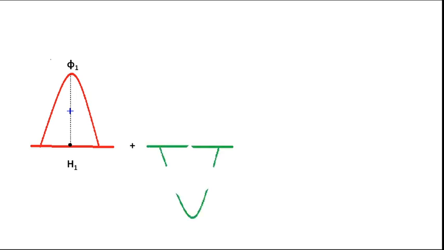It is also shown graphically, as we have the wave function phi1, which has a plus sign. Suppose this is for the first hydrogen atom, and it undergoes combination with the second wave function, which has a minus sign, for the second hydrogen H2, and it is known as phi2.